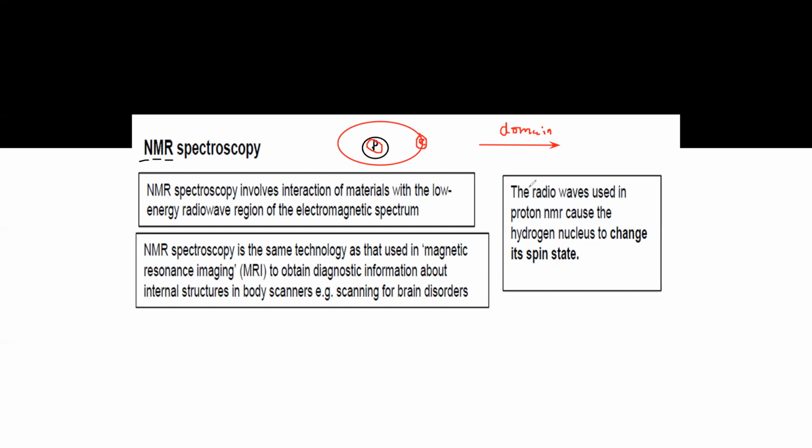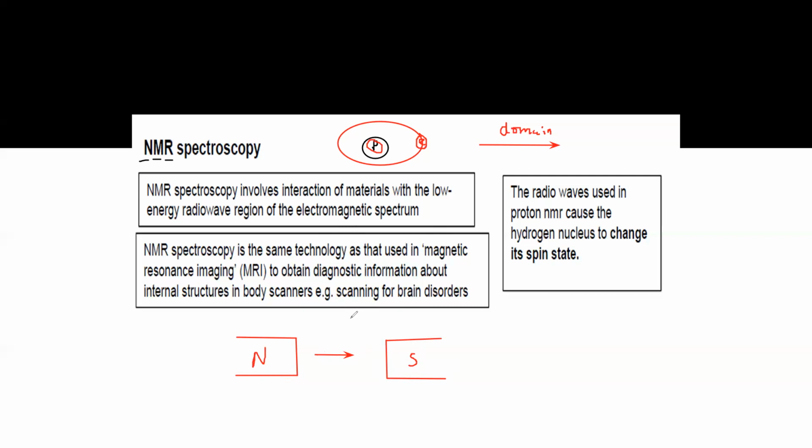So what happens? When this hydrogen is acting like a magnet and we apply an external magnetic field, like magnetic poles, north pole and south pole, and we place this hydrogen, or a molecule which has hydrogen, that hydrogen will align according to the external magnetic field.